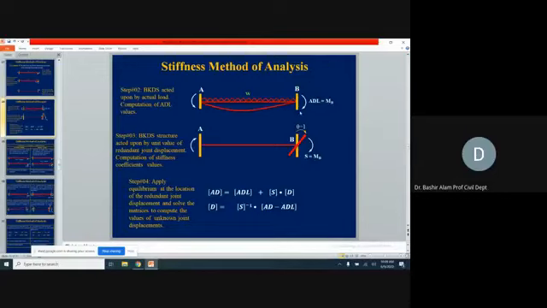For this we need to write down the equilibrium equation. In the previous method, if you remember, in flexibility, we removed the redundant action, so we ended up having a displacement here. So we were violating the compatibility condition. Originally it was 0, but by removing the redundant action, we were having displacement here. So what we did, we applied an action in such a way that we brought it to the original 0 position.